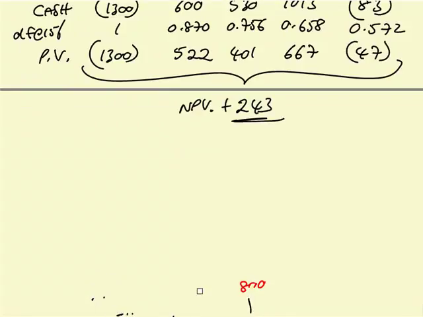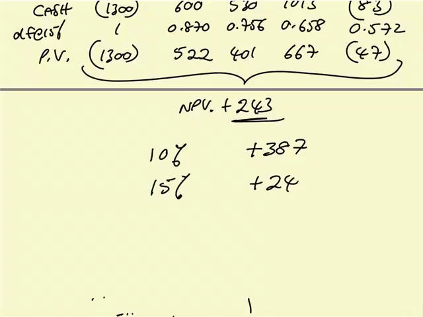We've worked out the NPV at 10%, and we got plus 387. We then did a second guess higher than 10, at 15%, and we got plus 243.